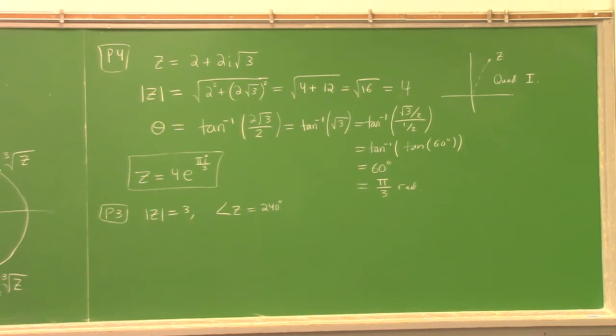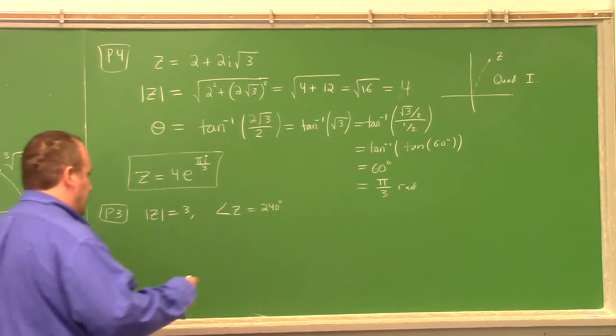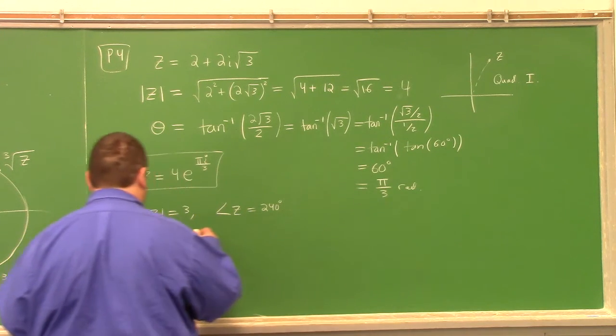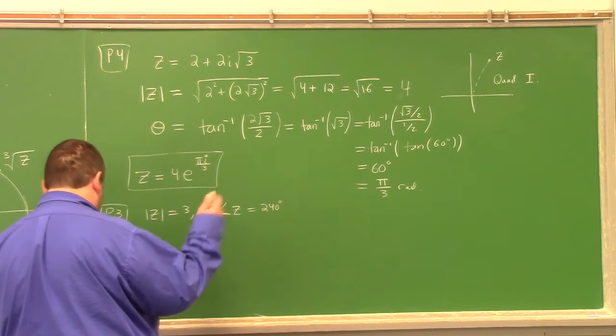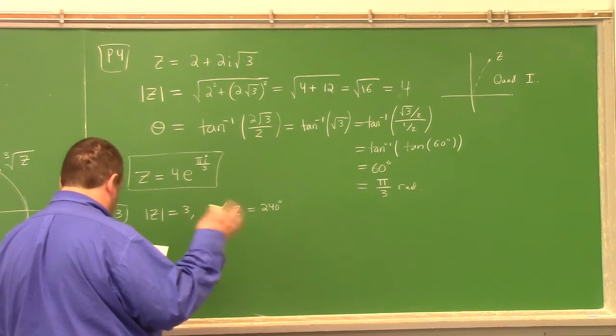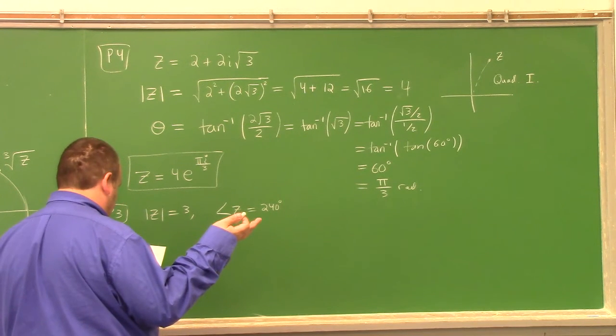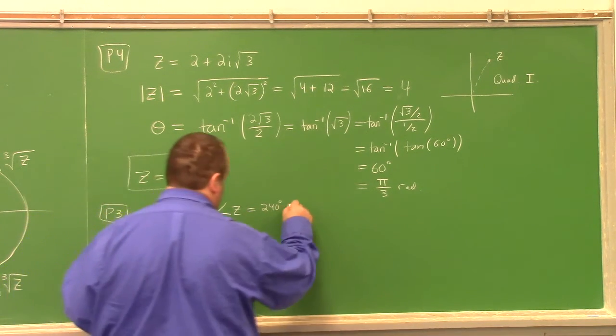You can either convert to radians and use the imaginary exponential, or you could do something else. Well, let me show you why. I will convert to radians, since it's an important question how you do that anyway. So multiply by pi over 180, you get 4 pi over 3, right?